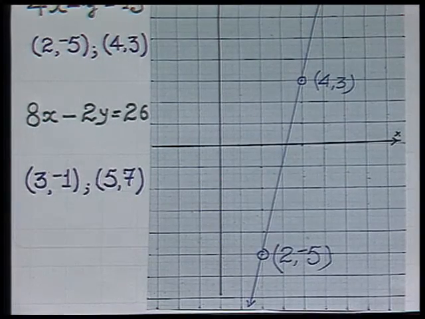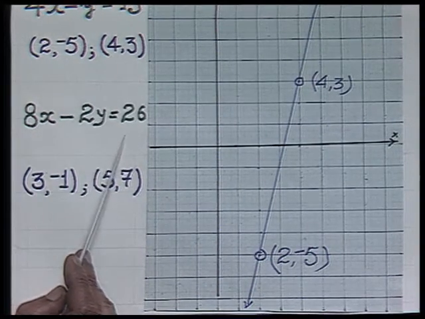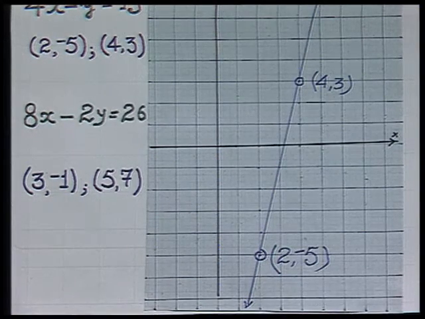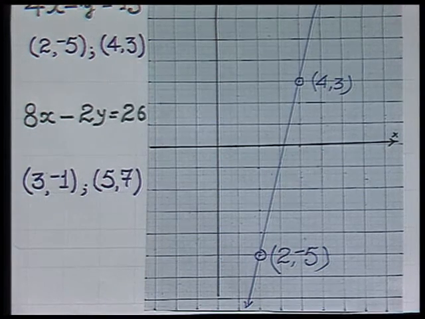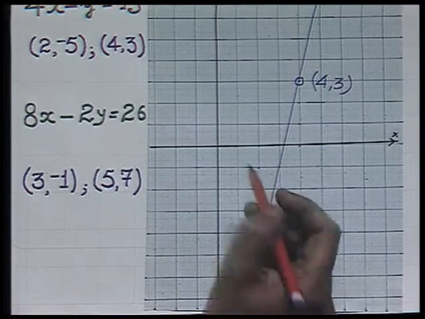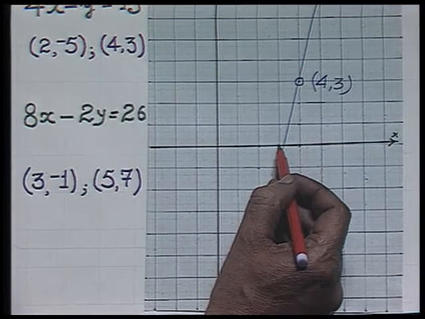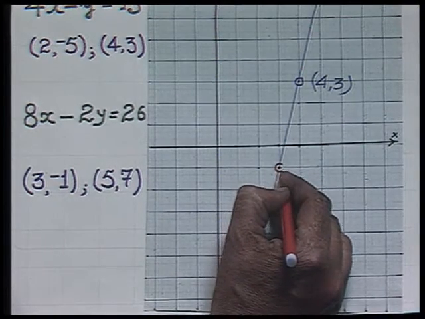Now let's plot the points for the second equation. The second equation is 8x minus 2y equals 26 and the ordered pairs are (3, -1) and (5, 7). To plot (3, -1), this is 1, 2, 3 and minus 1 unit I will move down. Where do you find it?